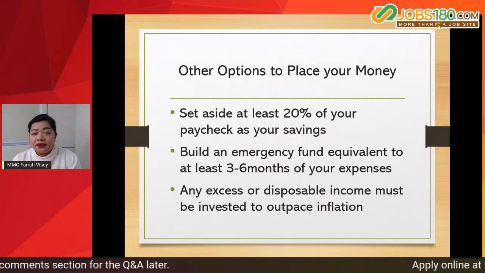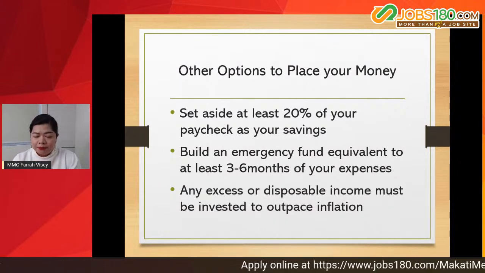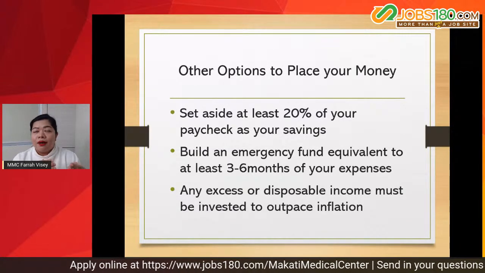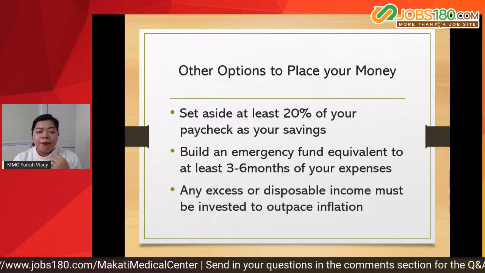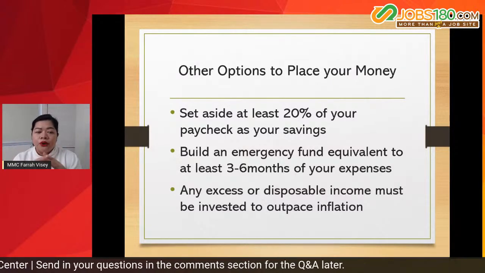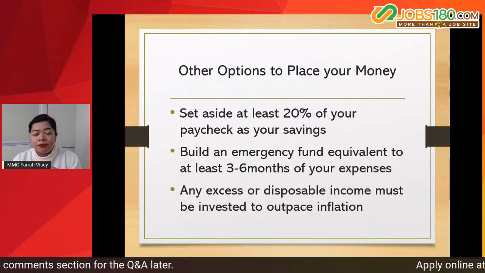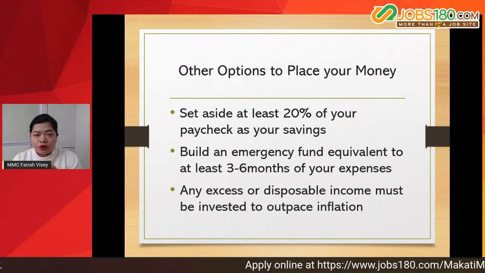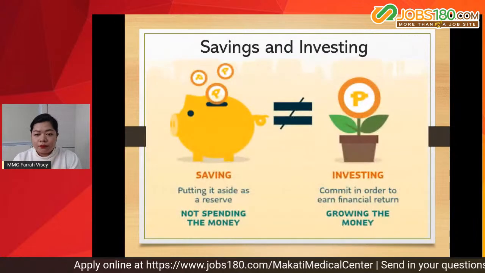So build an emergency fund, as I mentioned, equivalent to 3 to 6 months of your expenses para safe, hindi ka aagam-agam sa mga susunod na araw kasi 'di ba no one knows what will happen the next day or the next hour of our lives, no? So talagang dapat meron tayong emergency fund. So any excess or disposable income must be invested to outpace inflation. So doon papasok yung pagdami ng pera ng isang tao.